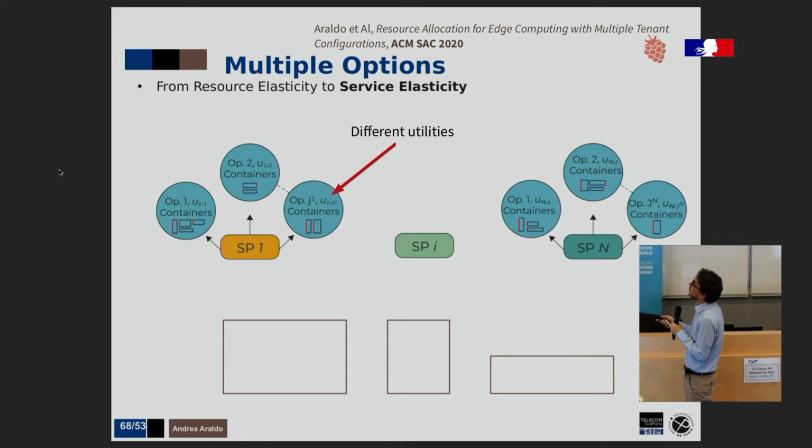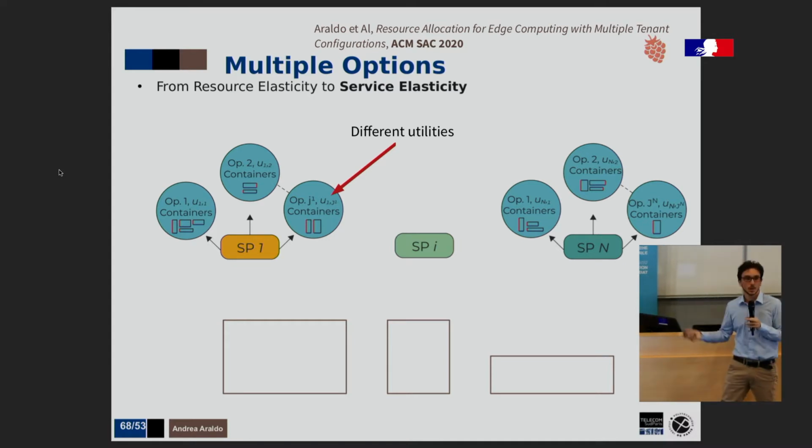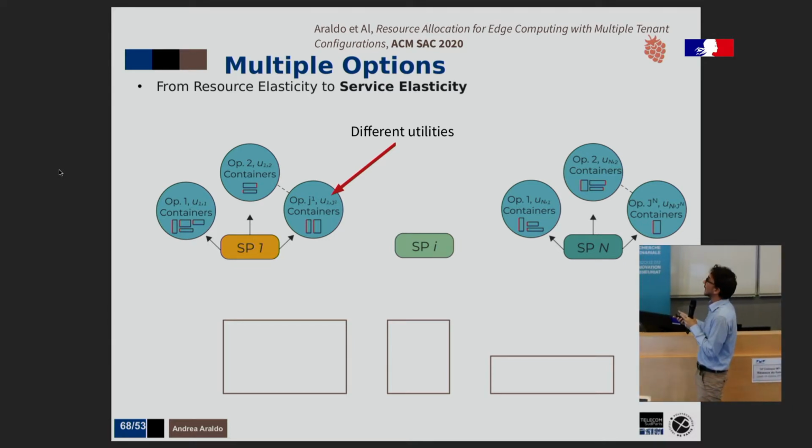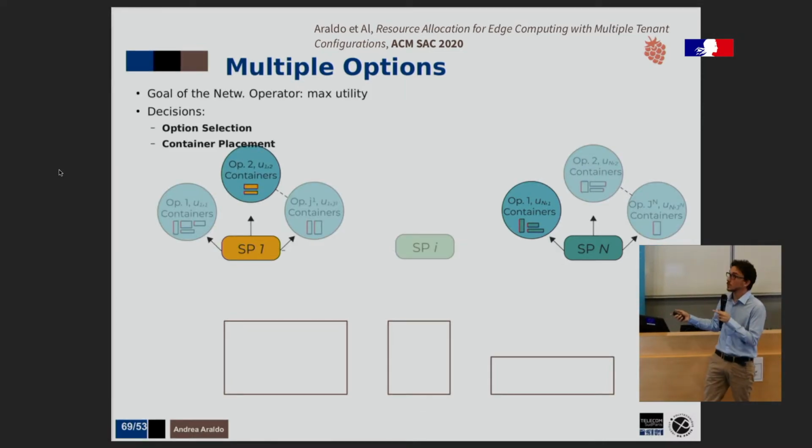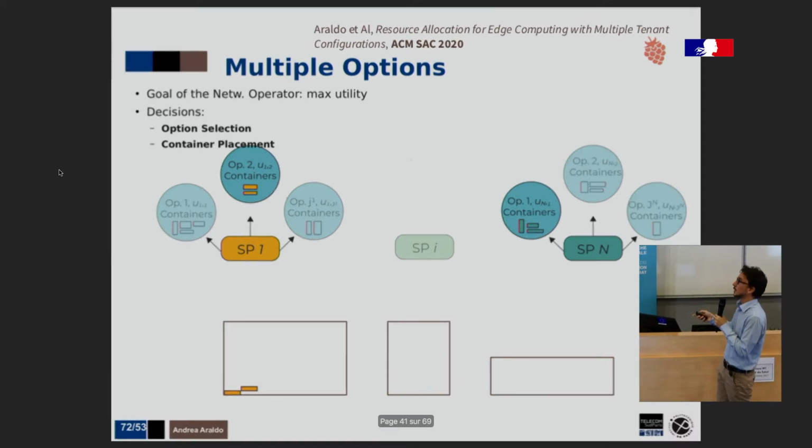We assume that each option provides a certain utility to the network operator. And so now each service provider declares the different options in which it can run, and the network operator can decide first which option to deploy for each service provider, and then where to place the corresponding containers.